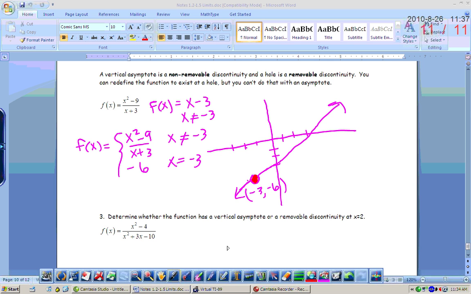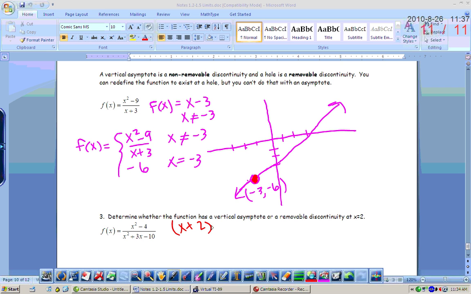Determine whether the function has a vertical asymptote or a removable discontinuity at x equals 2. Now, a removable discontinuity is a hole. I don't care which notation you use, as long as when I use either one, you know that removable and hole are the same thing. All right, so what do you think? Anyone figured this out?